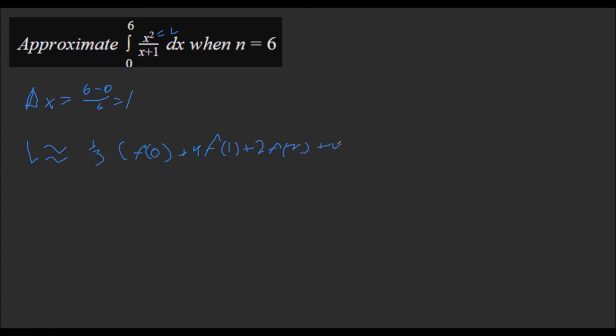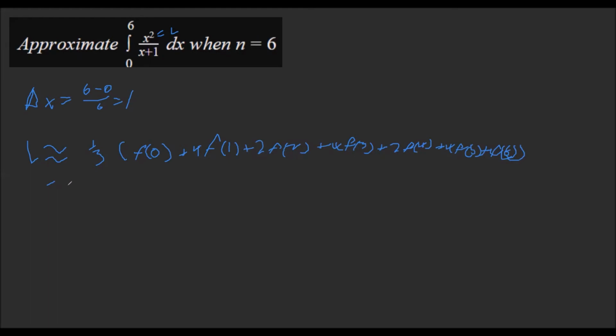plus 4 times f of 3 plus 2 times f of 4 plus 4 times f of 5 plus f of 6. Okay, now all we have to do is plug in these values, and it's going to be quite tedious.